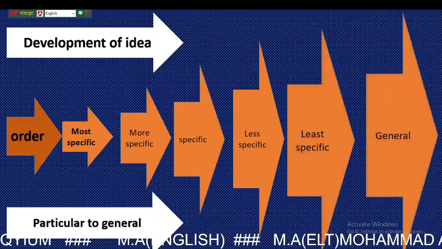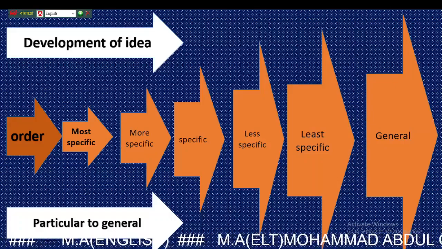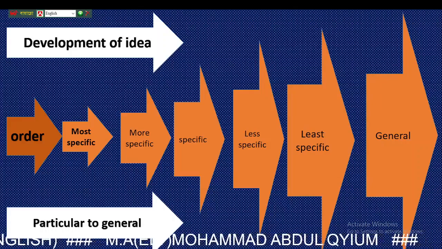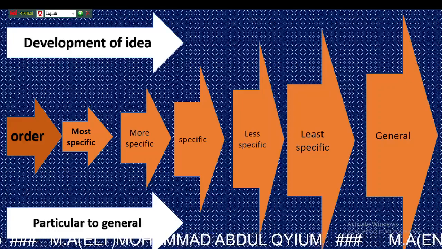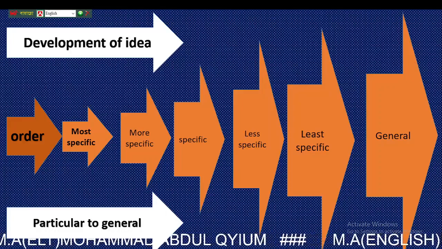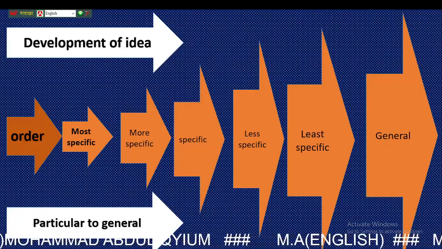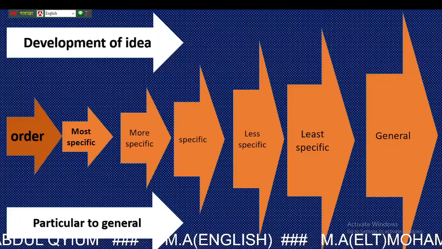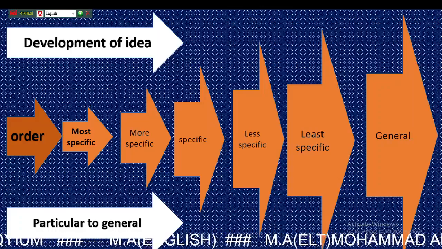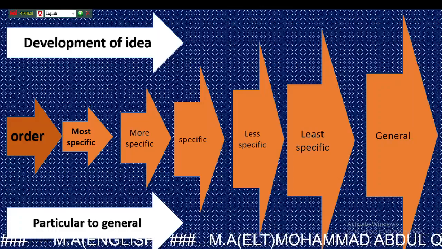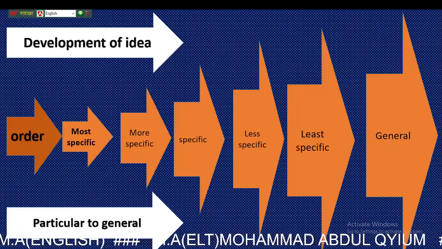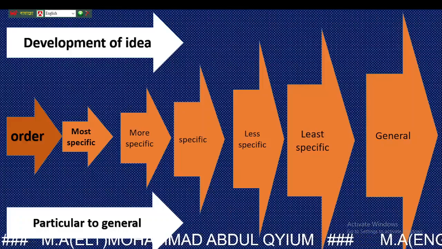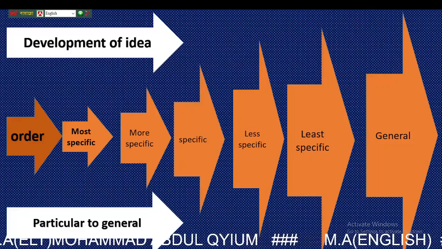Now let's talk about the next order, particular to general. First of all, you need to write about the most specific, then less specific, and less specific, then general. At first, you will write about a specific criminal activity, for example, teasing, and afterwards you will give some other details, robbery, hijacking, among others.